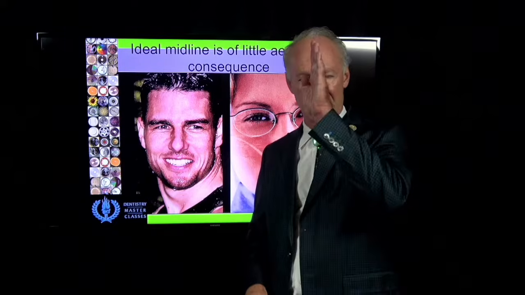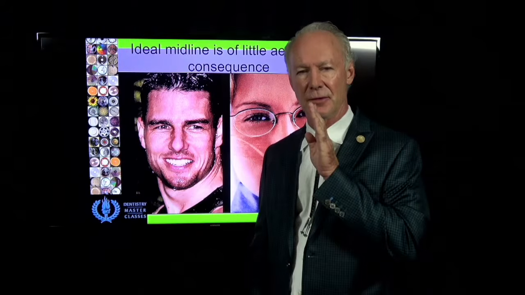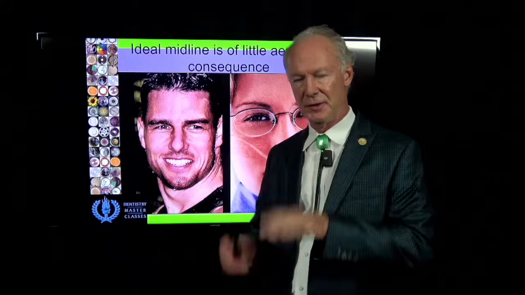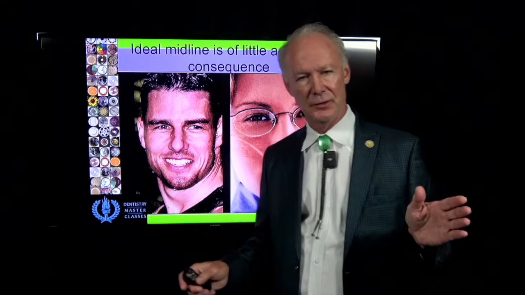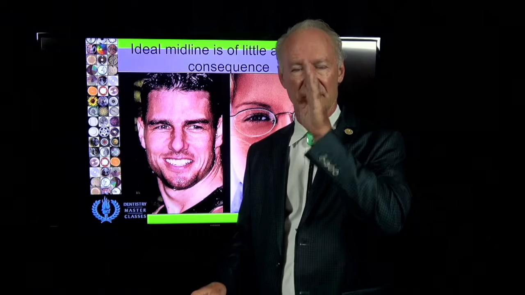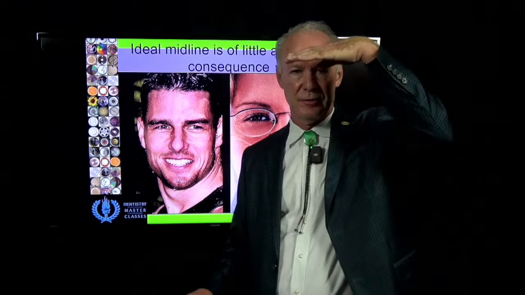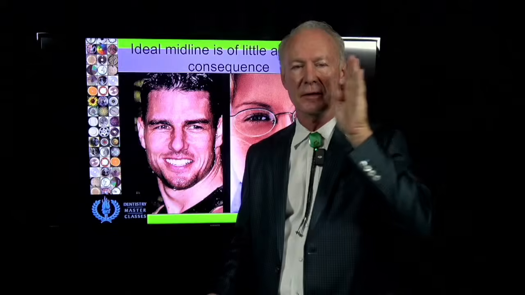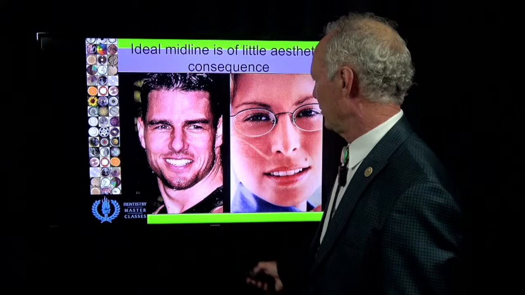And certainly aligning the midline of the maxillary arch with the midline of the mandibular arch is of zero consequence. I'm talking zero. So you want the contact or the line between the central incisors to be perpendicular to the pupillary line, but being in the center of the face is basically of little importance.